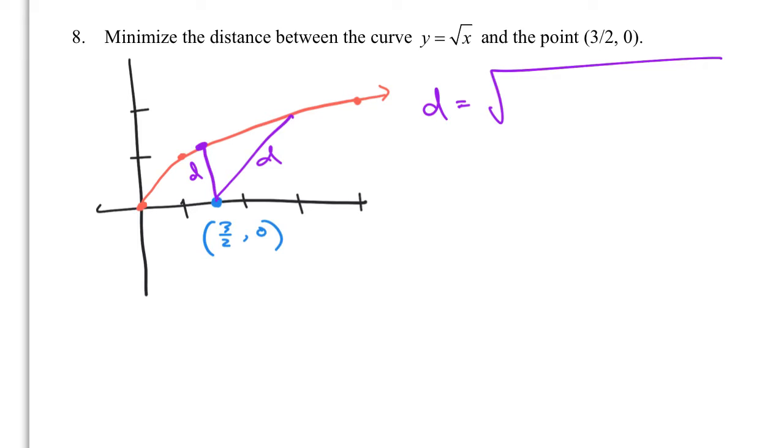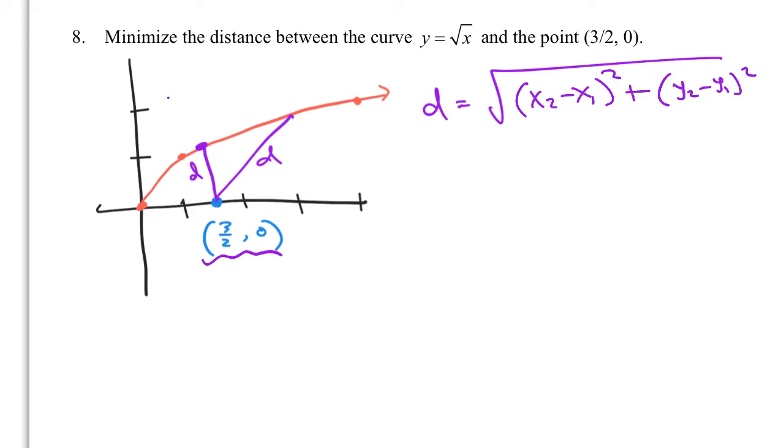So we do square root of x2 minus x1 squared plus y2 minus y1 squared, which means I need 2 points. I have 1 point, 3/2 comma 0. The other point is going to be the point on that graph.